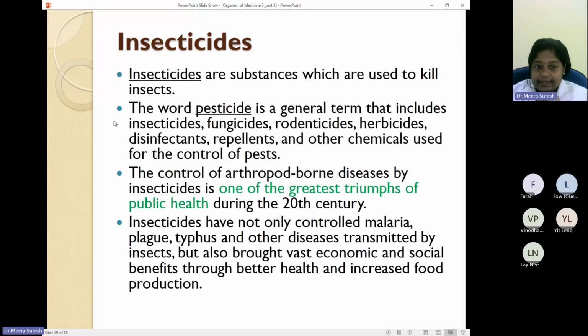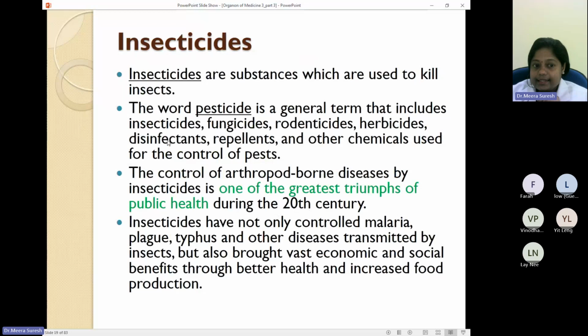Now going towards the insecticides. Insecticides, as the term indicates, are going to kill the insects. And actually this comes underneath the umbrella term pesticide. Pesticide is the vast umbrella term, a general term. Underneath these pesticides, we have the different types that kill each particular group of organism.